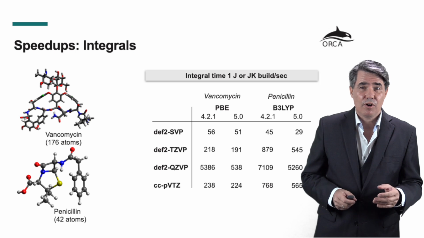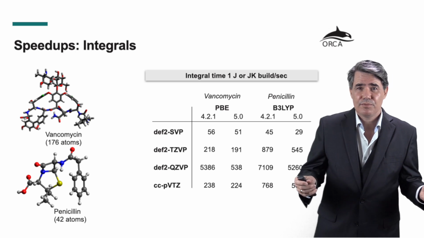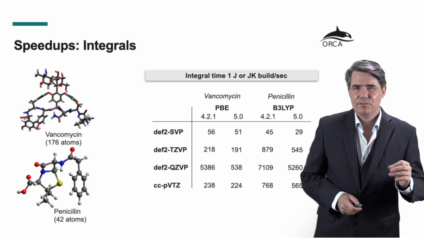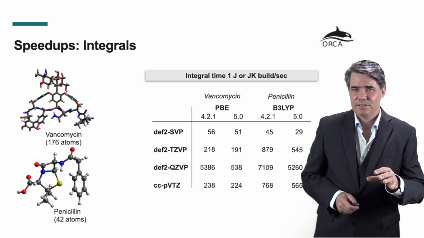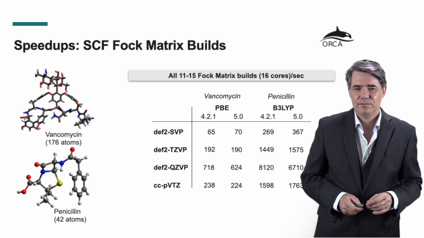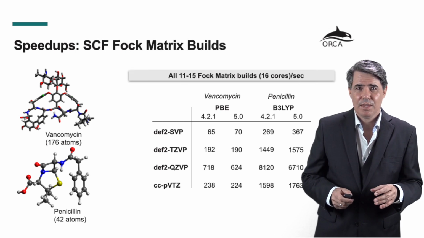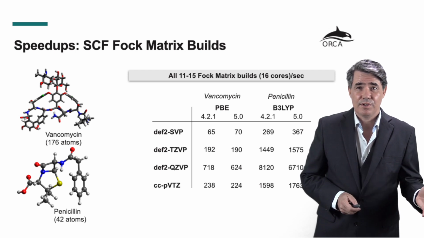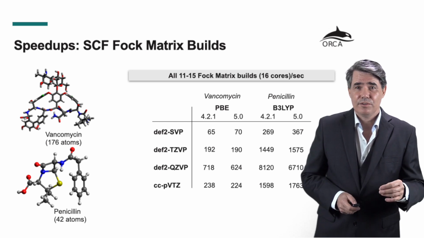And that obviously leads to very large performance gains in the actual calculation, but it is not exactly the integral gains that you see in the final results, because at the same time, we have re-optimized our integration grids. They are larger and more accurate, but they cost more time.